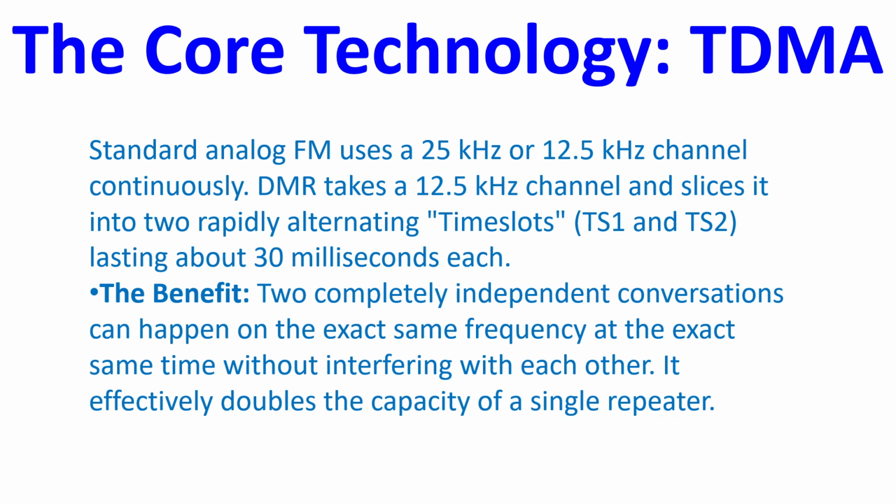The benefit? Two completely independent conversations can happen on the exact same frequency at the exact same time without interfering with each other. It effectively doubles the capacity of a single repeater.